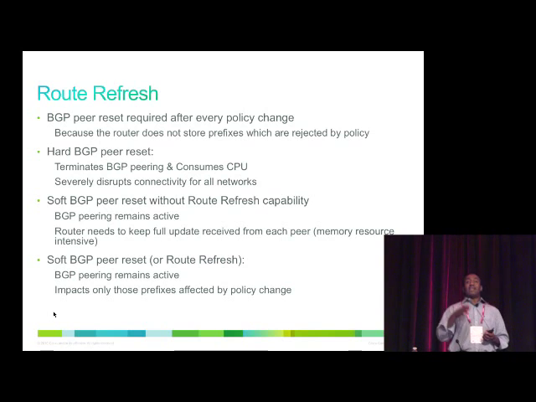Now, if you want to add them, then you cannot add them without bringing down the peer and reestablishing the peer, which is called a hard reset. That's not desirable. It will cause route churn, not just in that autonomous system, but across the internet.